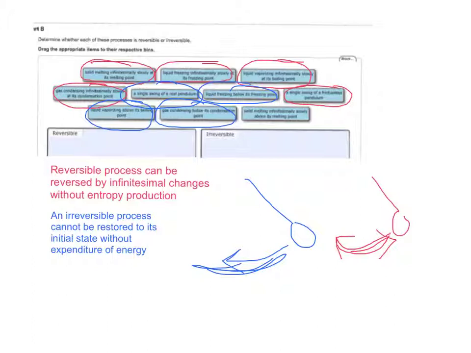It's only at the melting point and the boiling point where temperature is constant. And so, since temperature changes, even if it is infinitesimally slowly, this cannot be a reversible process without the expenditure of energy. And so, this is also irreversible.